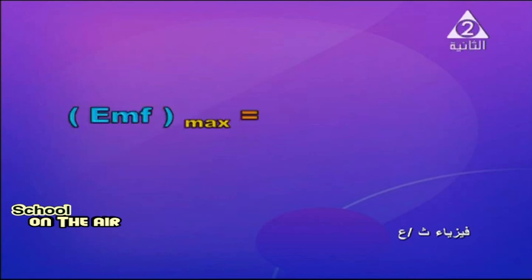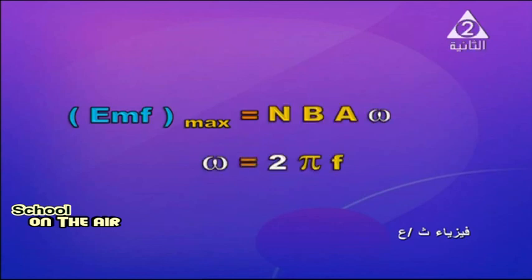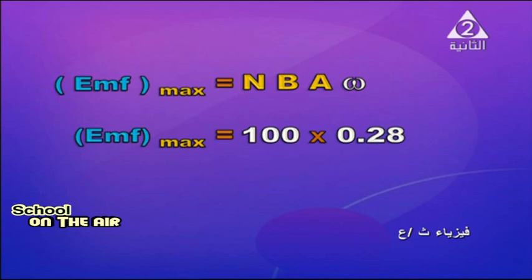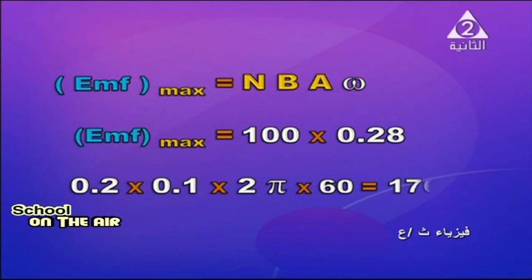What about the rule that gives the maximum EMF? It is equal to NABω. And omega is the angular speed, equal to 2πf. Now, substituting in the expression NBAω: number of turns 100, magnetic flux density 0.28, area 0.2 times 0.1.